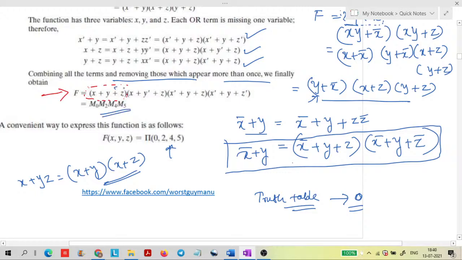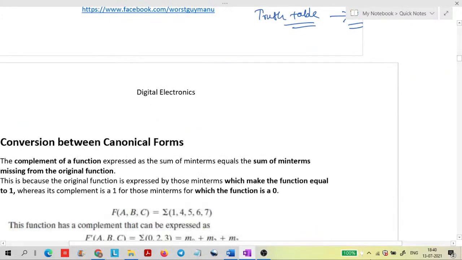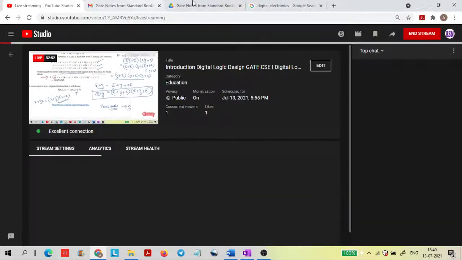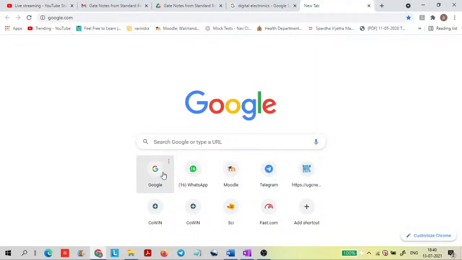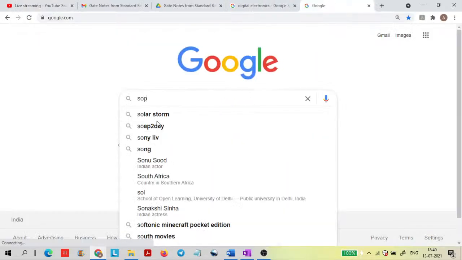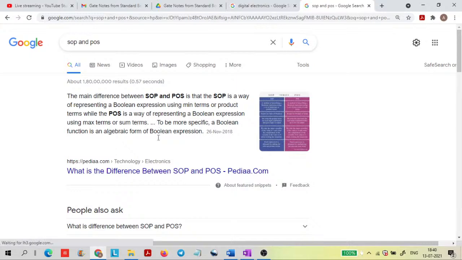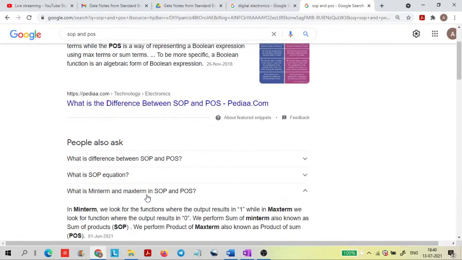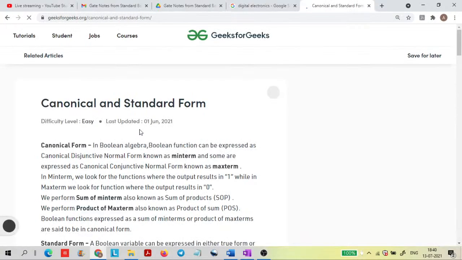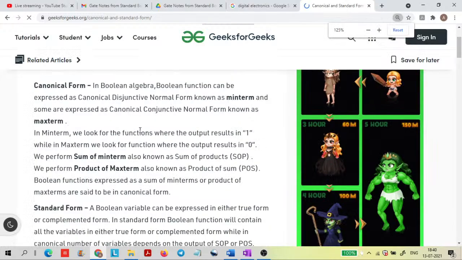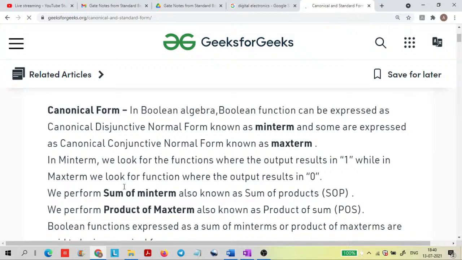So that will represent the sum of product and product of sum forms. We'll see SOP and POS forms.